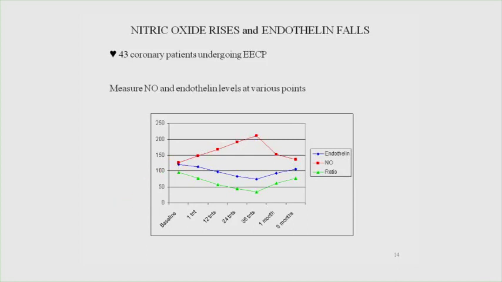Endothelin is sort of a bad guy cytokine elaborated by a diseased artery wall. Endothelin levels fall. So we're improving arterial wall biochemistry, improving nitric oxide generation with the ECP. Endothelial function, the ability of the artery to dilate in response to a physiologic stimulus, is the most important determinant of who's going to do well and who's going to do poorly.